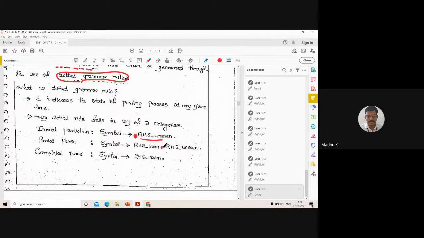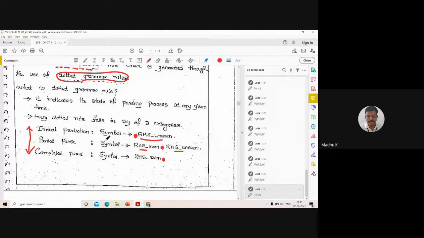The dot will come here and there are two symbols. This is called partial parse. What is completed parse? The dot will come after all the symbols on the right side. This is called completed parse. There are three types of grammar rules we can define based on the position of the dot.